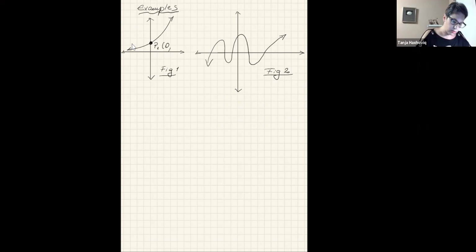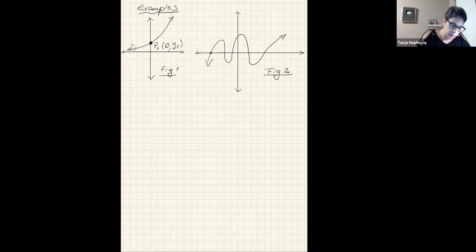The x-coordinate of a y-intercept is 0, and the y-coordinate is some number. I don't know what that number is, it's irrelevant, but let's call it y1, since I call the point P1.